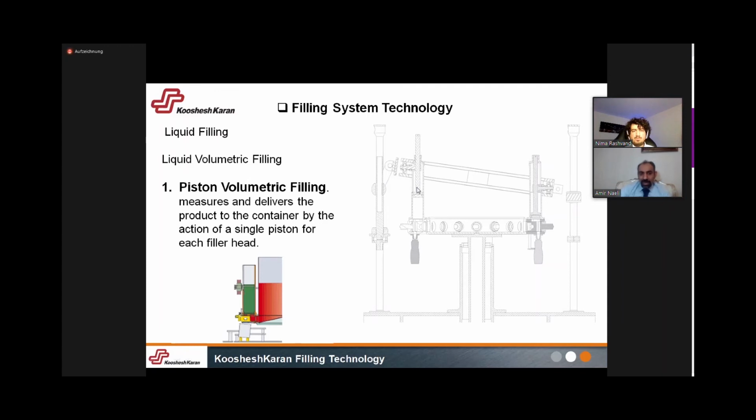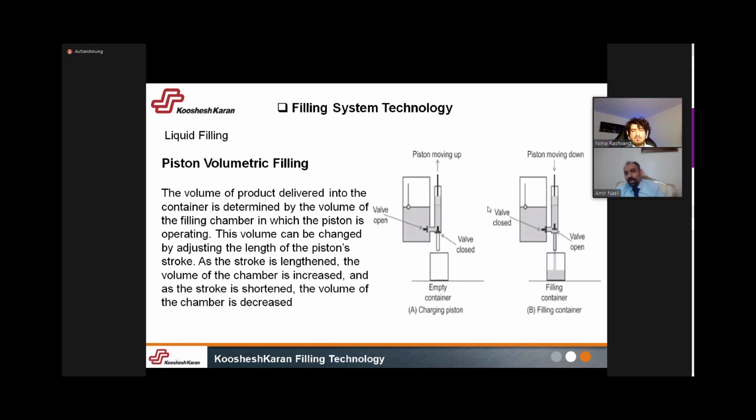As you see in this diagram, you have a tank, a cylinder and a piston. The valve of the piston filler is very important. For example, when the valve has two ways: one way from the tank to the cylinder, and another way from the cylinder to the container.